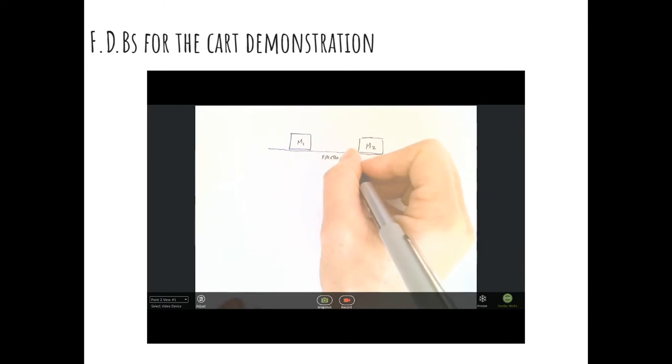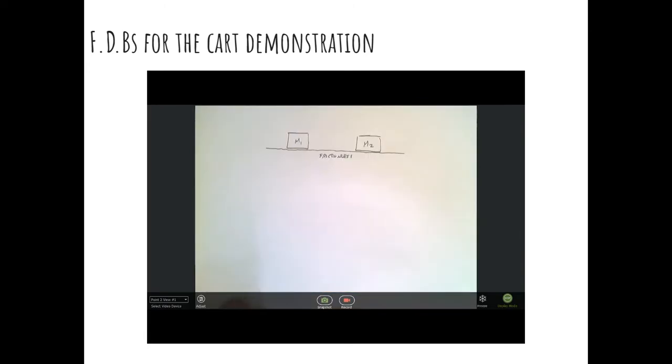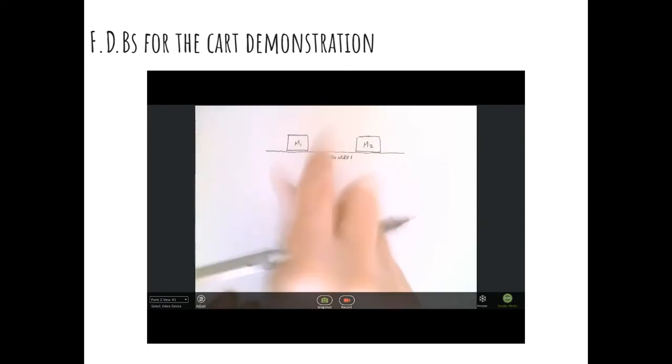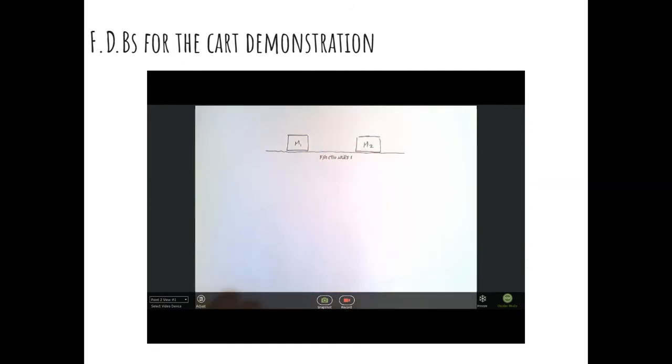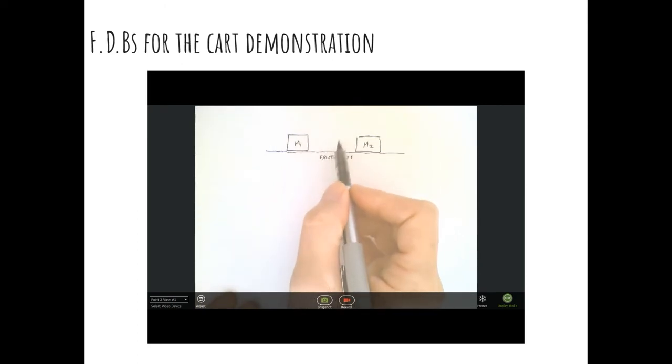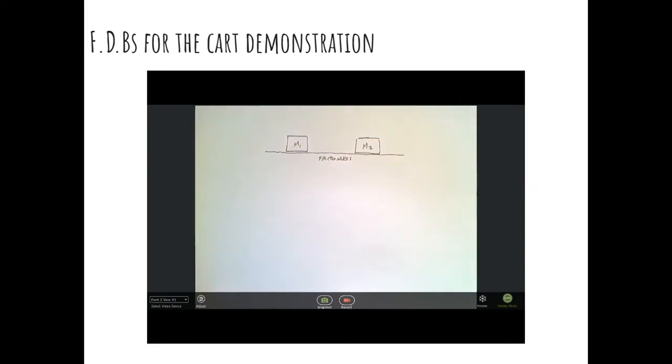Now let's assume that one object pushed off the other object. In the case before, there was a spring between them, and when they released it, these two objects pushed apart.